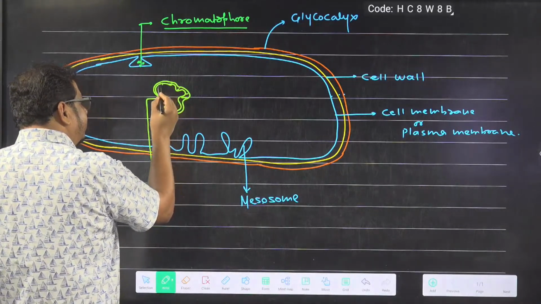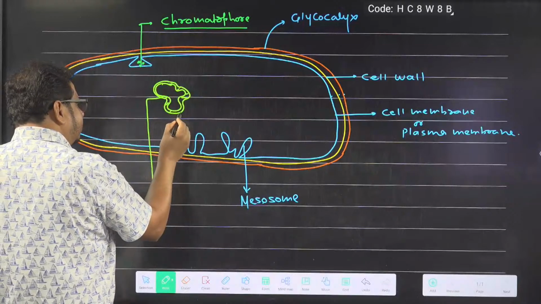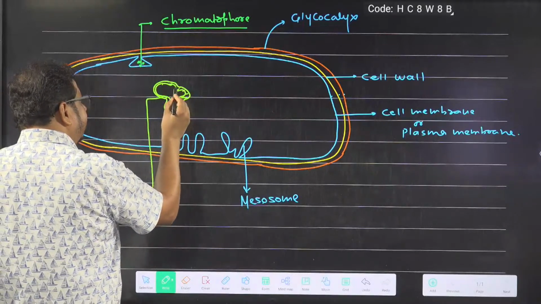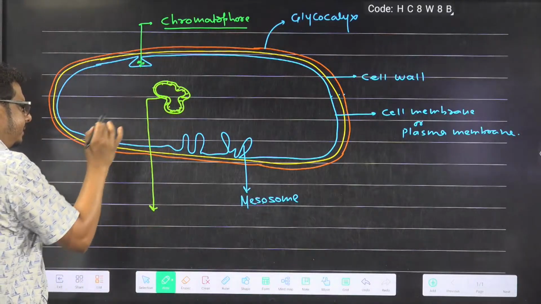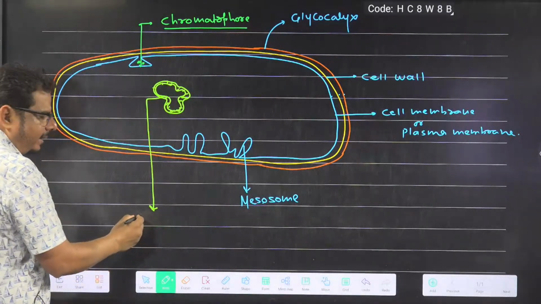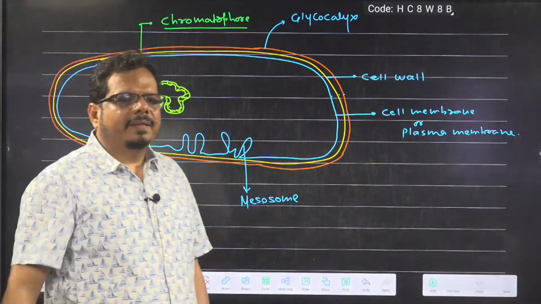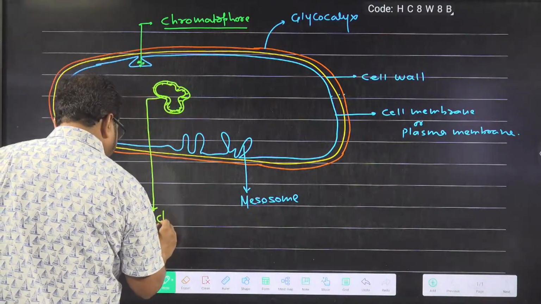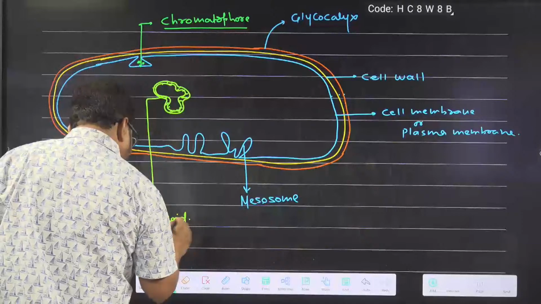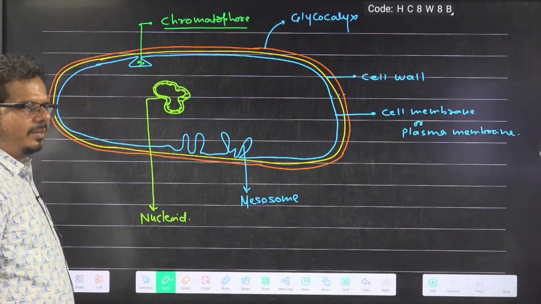It is a naked DNA, a single circular DNA. What name should I give for it? Very good. Well done. This is nucleoid. This is nucleoid.